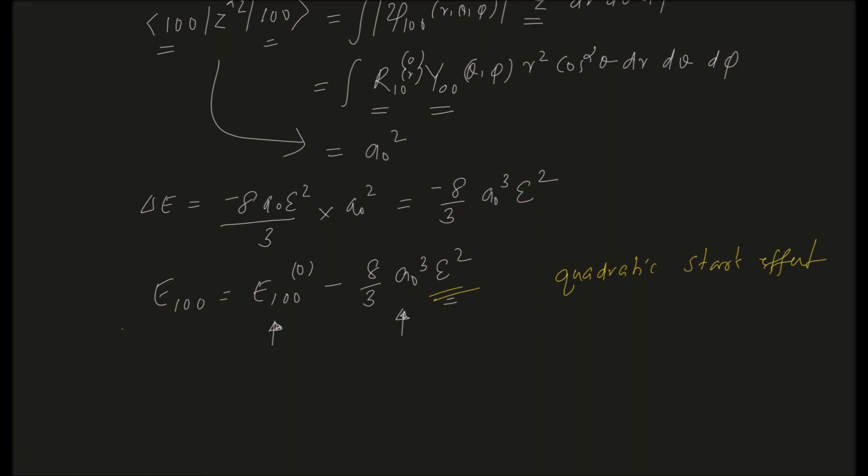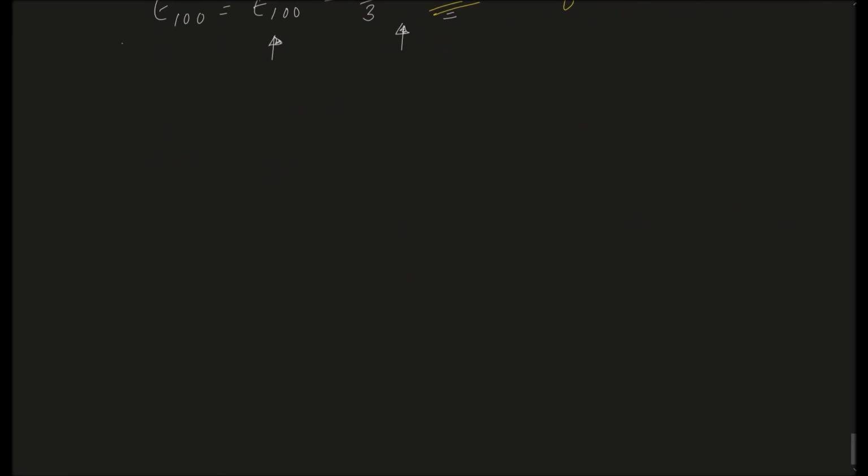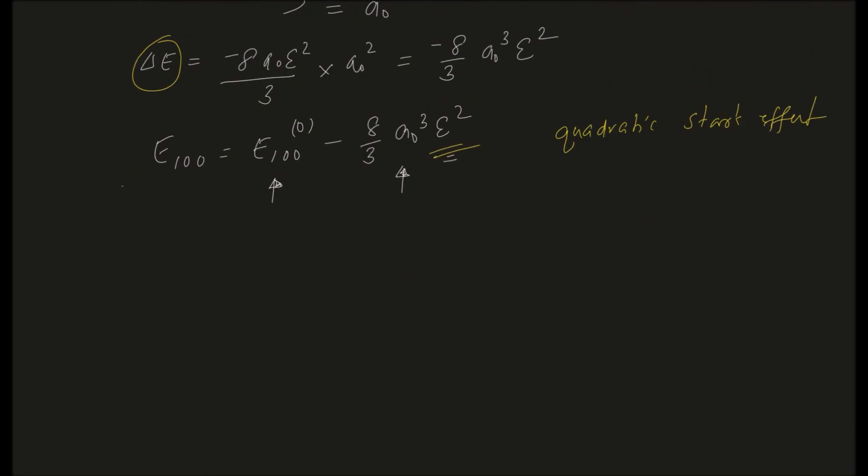Now, once you know the energy shift, we can calculate the polarizability of the hydrogen atom as well. So, if you are interested in the polarizability of the hydrogen atom, let's put it as alpha, it is given by minus 2 delta E by E squared.